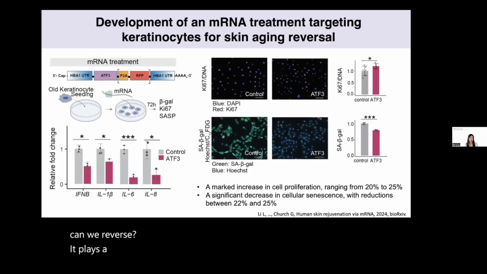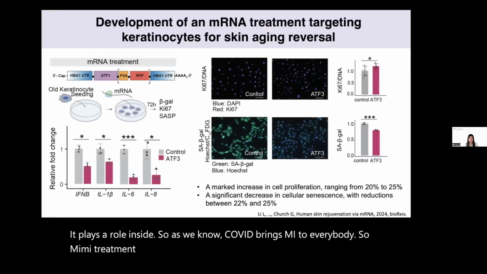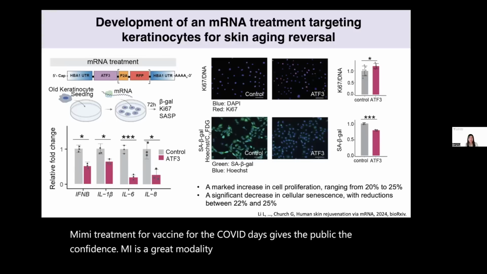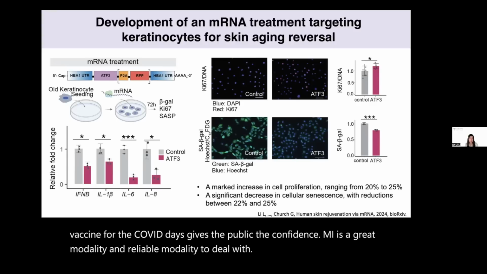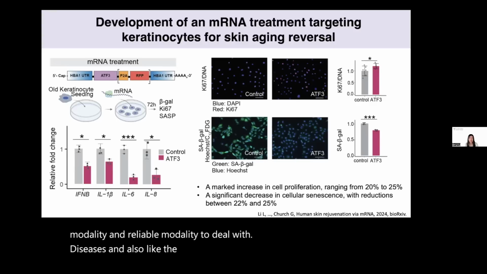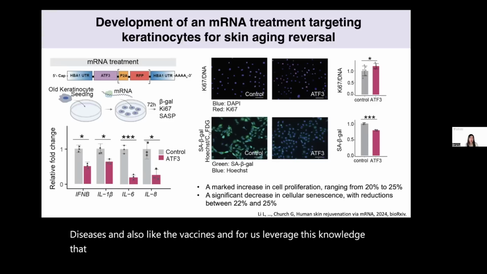As we know, COVID brought mRNA to everybody. mRNA and mRNA treatment for the vaccine during the COVID days gave the public the confidence that mRNA is a great and reliable modality to deal with diseases, and also vaccines. And for us, we leverage this knowledge to build our in-house mRNA treatment for skin rejuvenation.